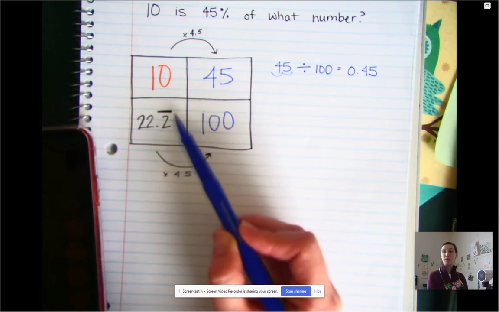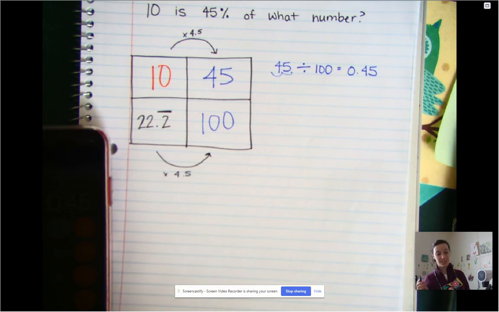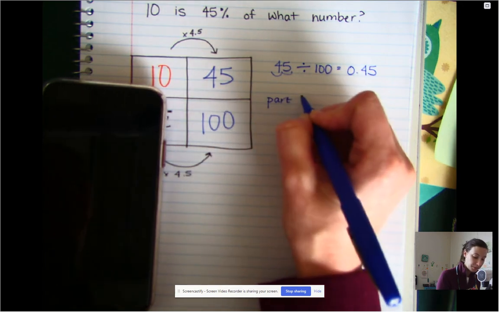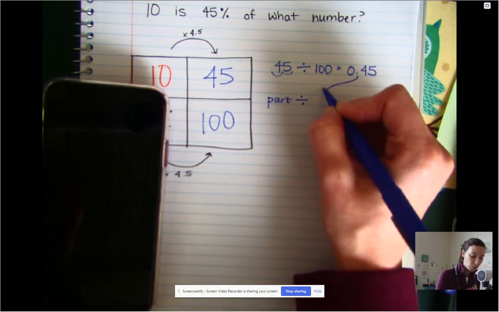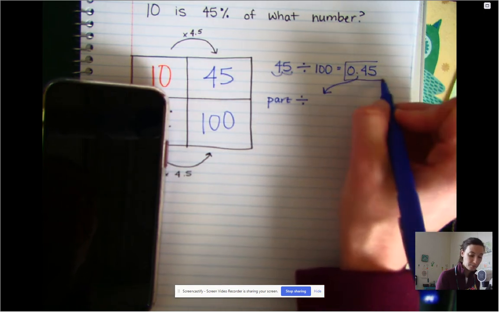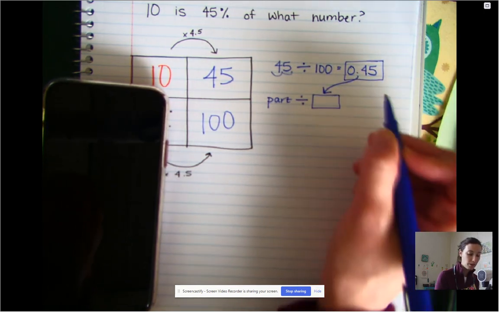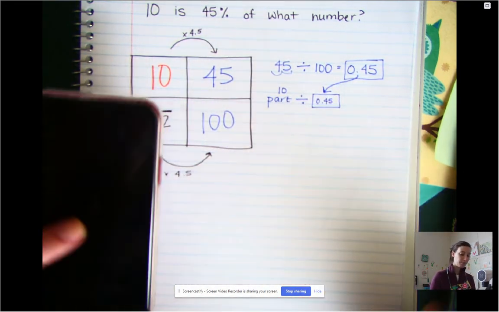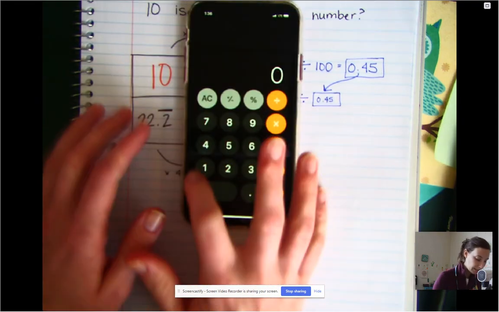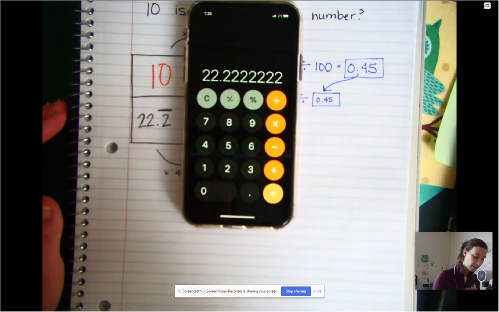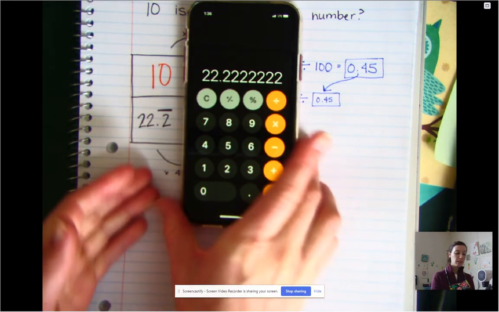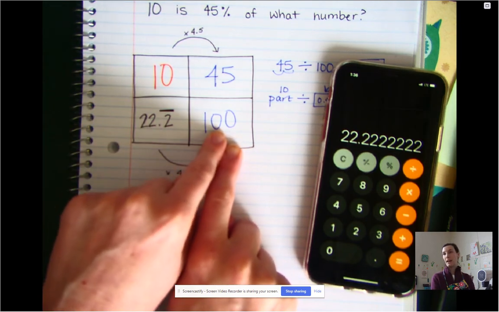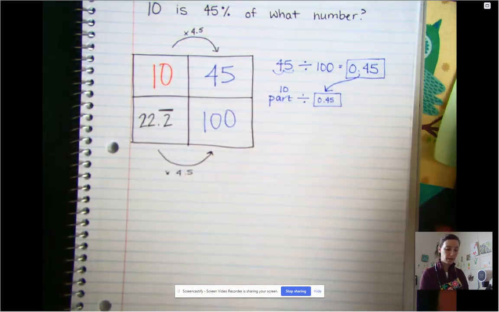We have to undo that multiplication, which we do with division. So now we take our top number, our part, and we divide it by what we just got here. I feel like some of you are like, okay, and some of you are like, what in the world is she talking about? So in this case, our part was 10. So when I do 10 divided by 0.45, I get the same answer. So this time we did this divided by this, and then we took this and divided it by what we already had. Let's do one more like that.